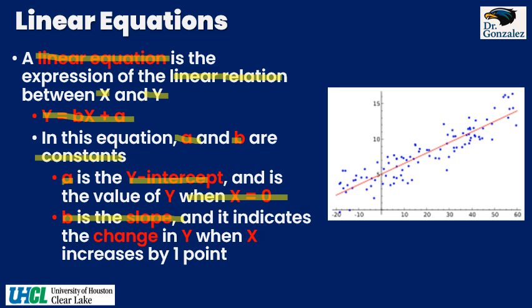B is the slope, and it indicates the change in y when x increases by 1 point. So x increases 1. How does y increase? It might increase by 1, or it might increase by 4. I don't know. It just depends. And as it does this, it's going to come up with this line. And we're going to talk about what that line is and how it's important.